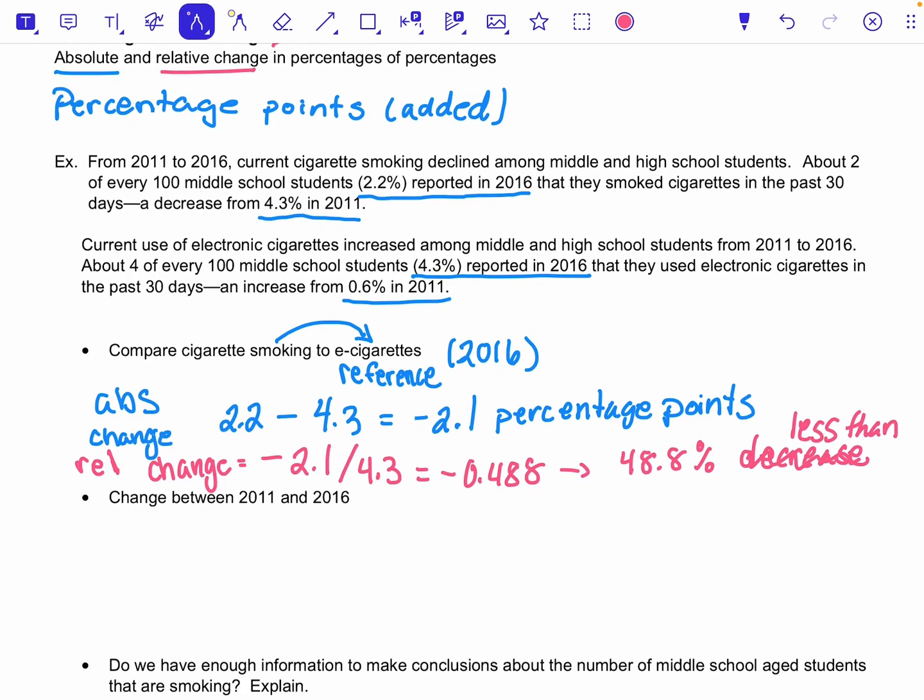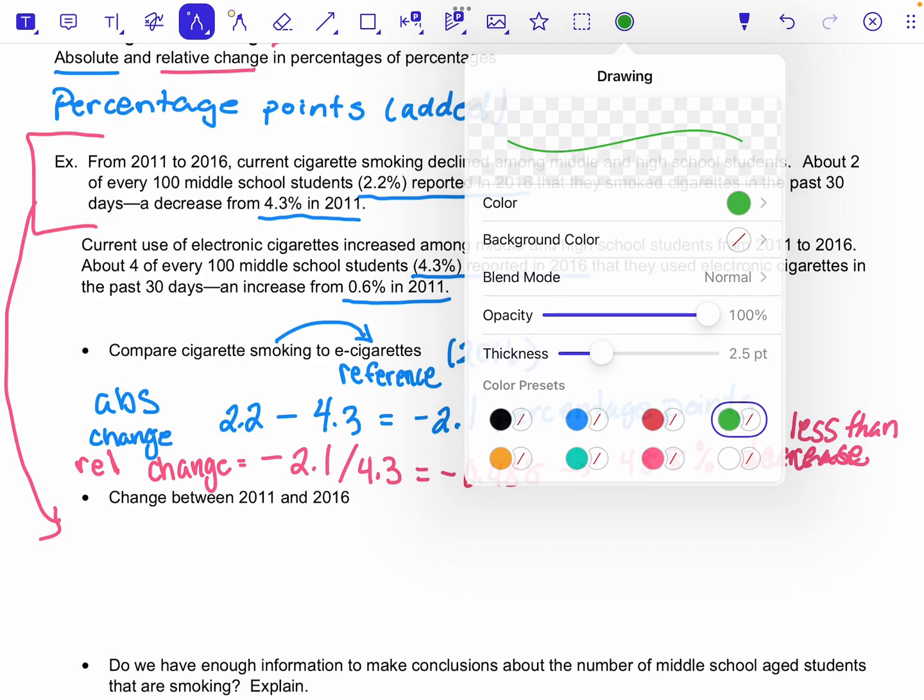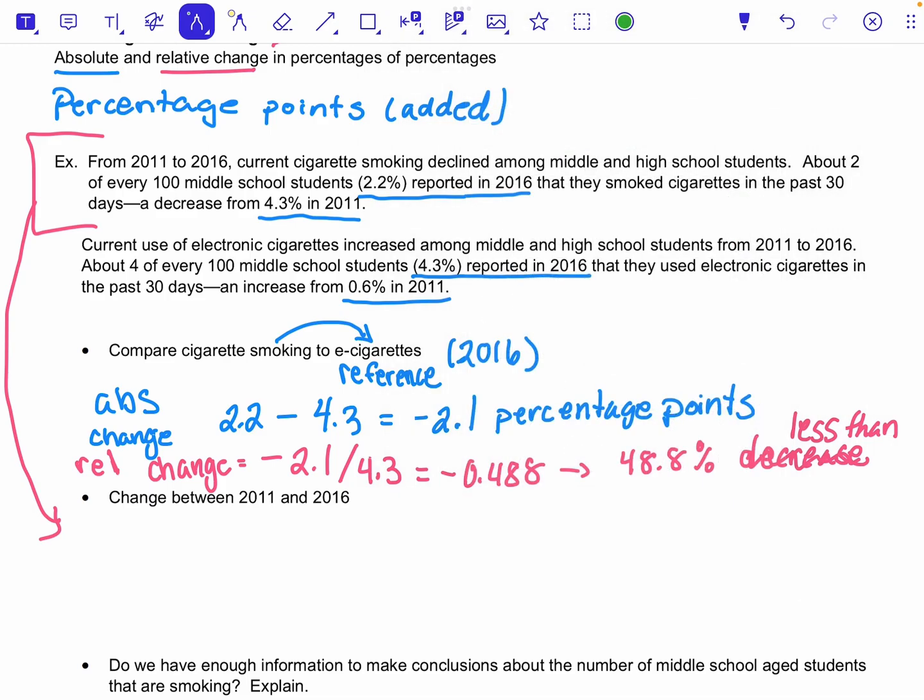So let's do the same thing. We're going to use the cigarette smoking values, but this time we're going to do a year comparison, just to practice looking at percents and thinking about what we are finding. I'm going to change my colors really quick just so we don't bleed into columns. If I want to do the absolute change here, that would be new minus old.